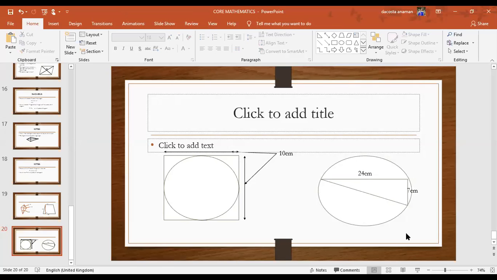So you have to find the area of the region outside the triangle. Is that okay? The area of the region outside the triangle. Any question? Okay, any question?